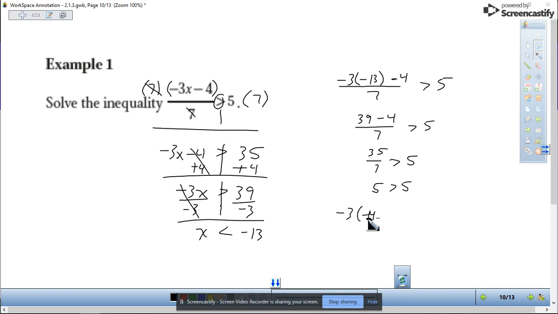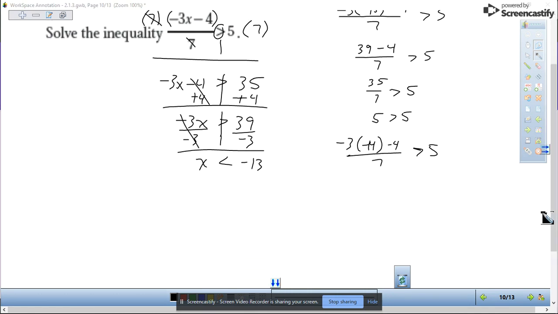All right, so let's try a different one that is actually less than that. So negative 14, right, minus 4. And we're probably not going to get a nice, neat whole number here, but that's okay. I just want to see that it's something bigger than 5. Okay, so when we do negative 3 times negative 14, we're going to get positive 42.